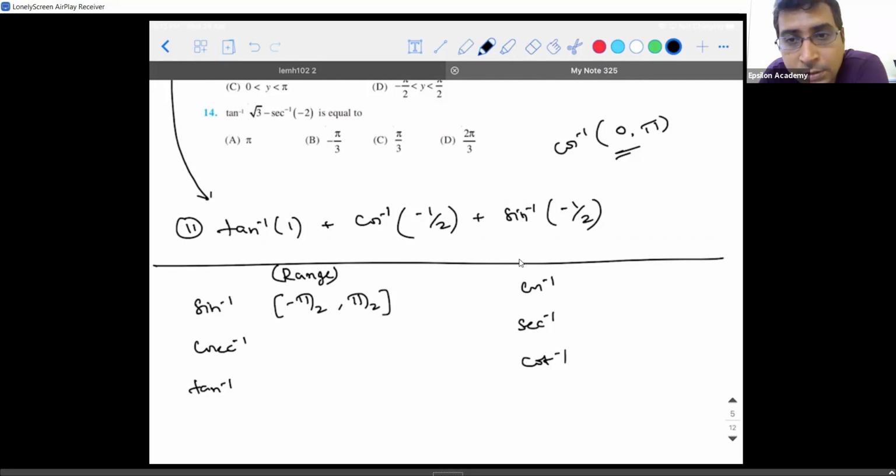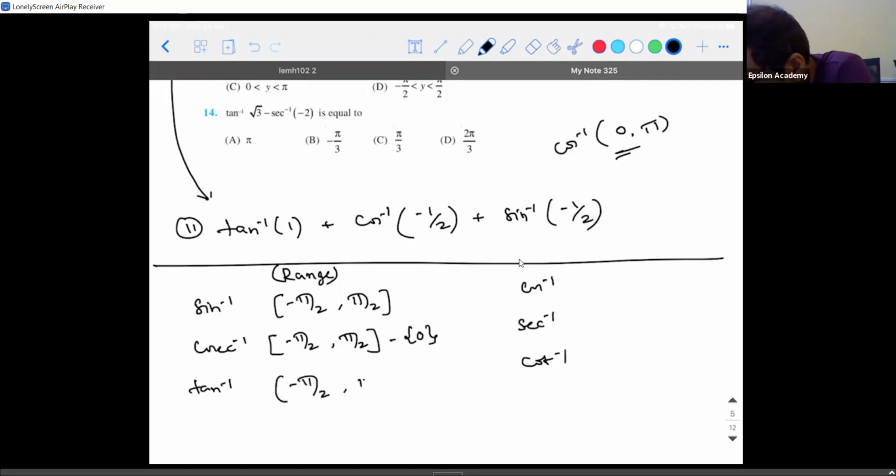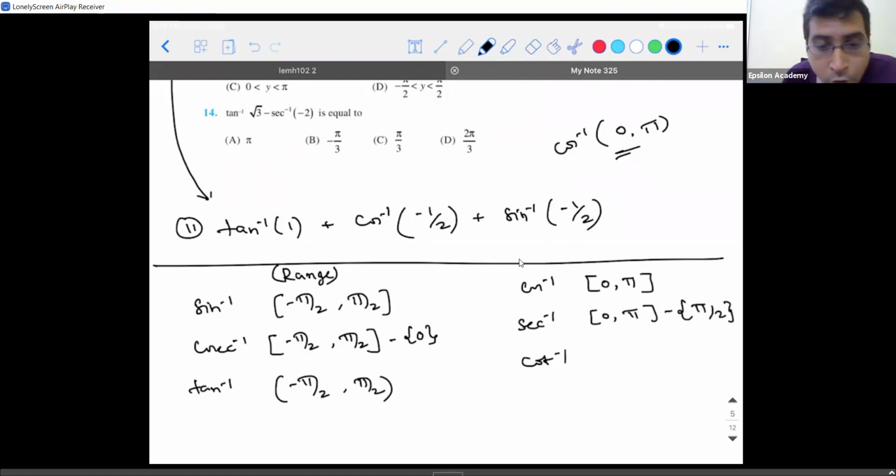Cosecant inverse is also minus pi by 2 to pi by 2, except 0, because you cannot find the value for it. Tan inverse is minus pi by 2 to pi by 2, open bracket. Cos inverse is 0 to pi, closed bracket. Secant inverse is 0 to pi except pi by 2. What about cot inverse? 0 to pi, open bracket.